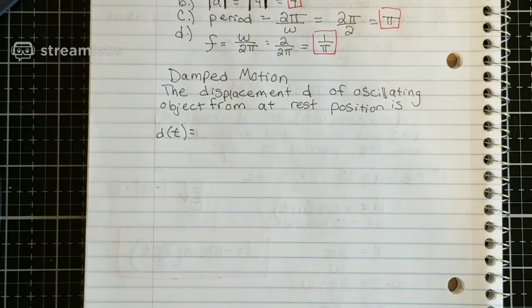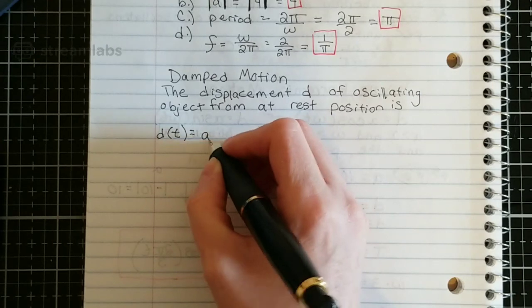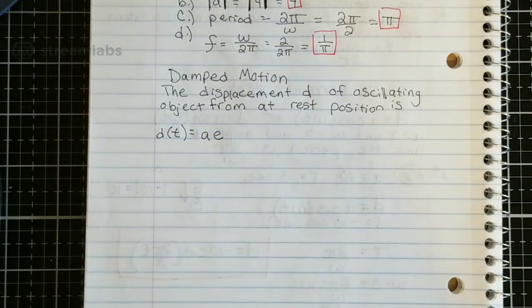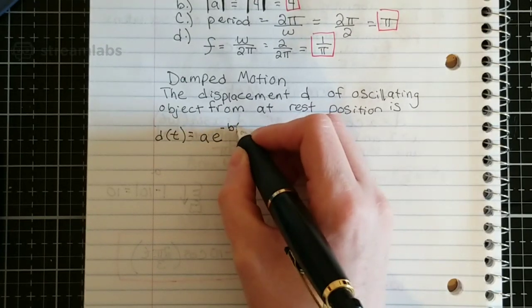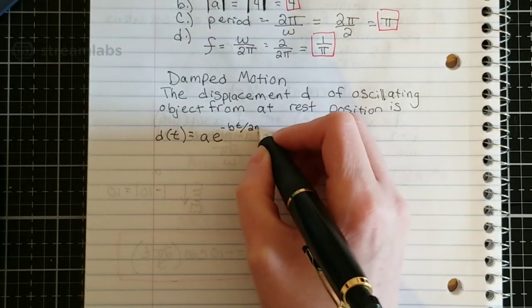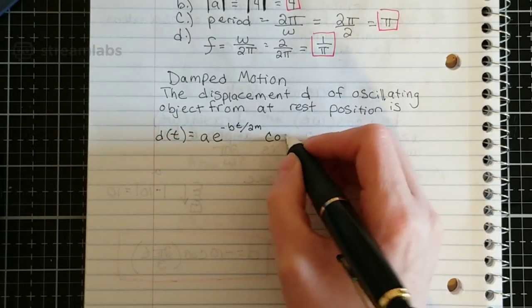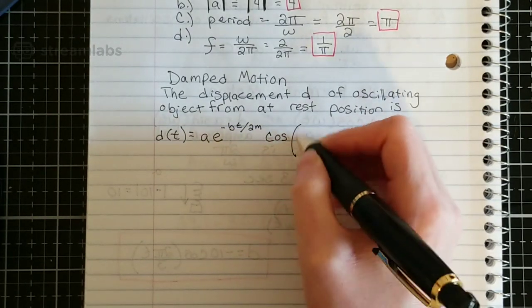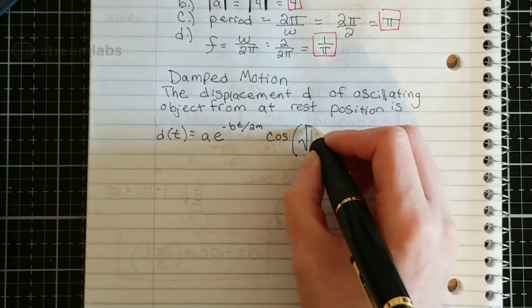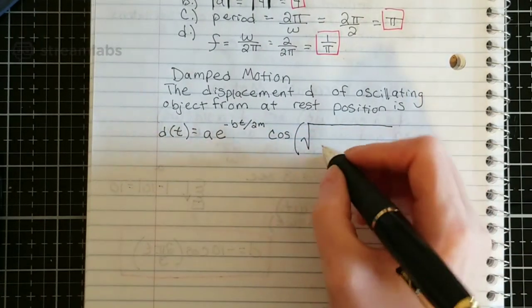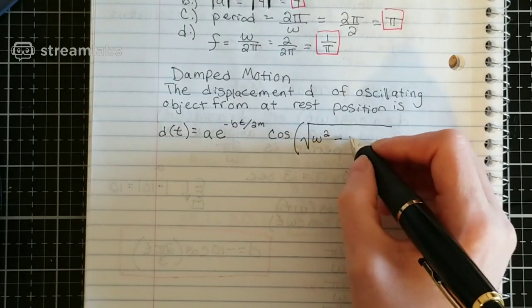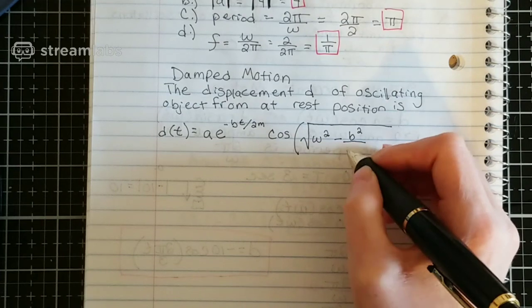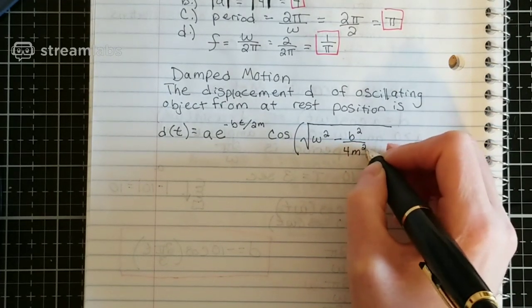Alright, this equation's kind of crazy, so just bear with me here. Okay, so this is AE, and the E has an exponent. So the exponent is negative BT divided by 2M, cos, square root. This is kind of nuts: W squared minus B squared divided by 4M squared.